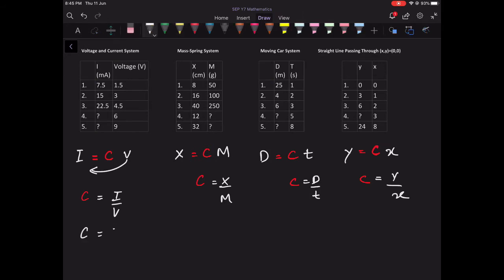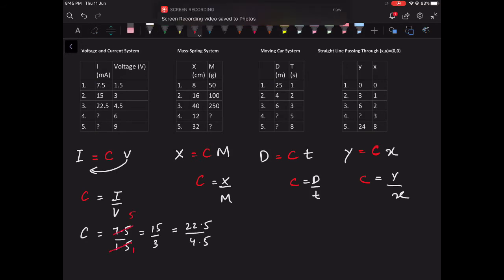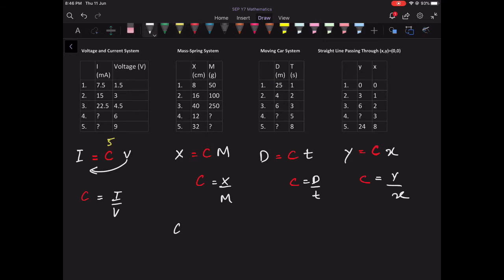In order to find the value of C, we have to use the values of current and voltage from the table. Since all the ratios are equivalent, simplifying them gives us one same answer, that is 5. So the constant in this case is 5.